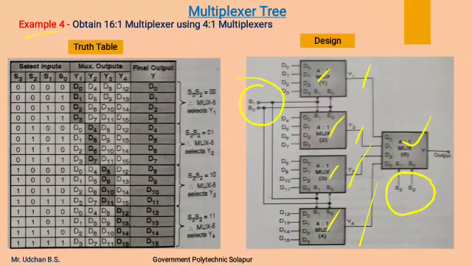which has 2 select lines, which will now act as S3 and S2, and we have one output of this 4:1 multiplexer. Now here this S3 and S2 will pass any one of the outputs of these 4 multiplexers onto the final output line.